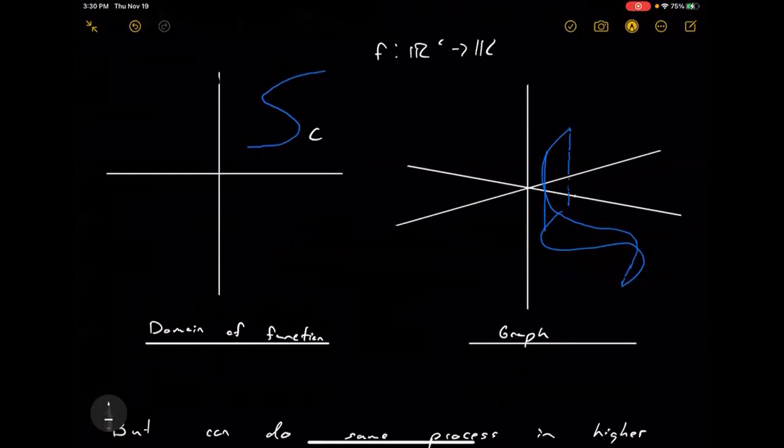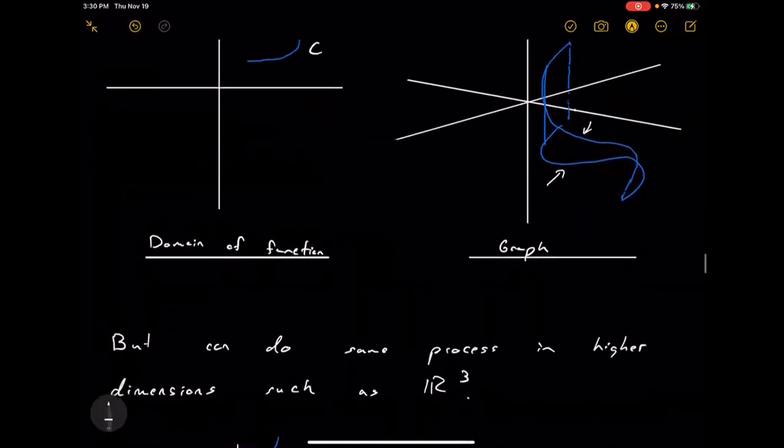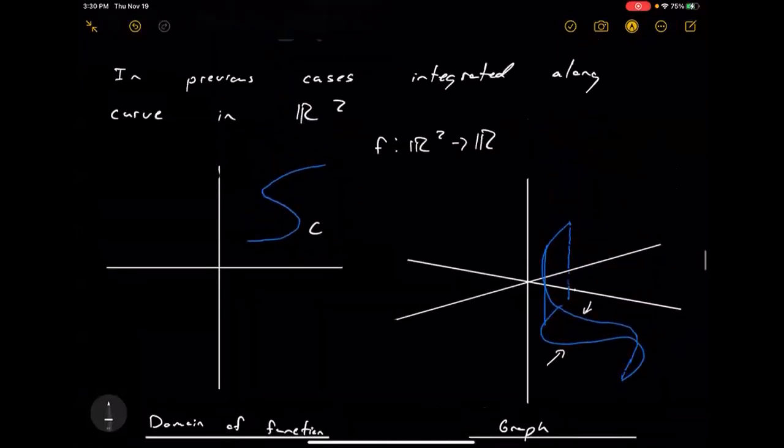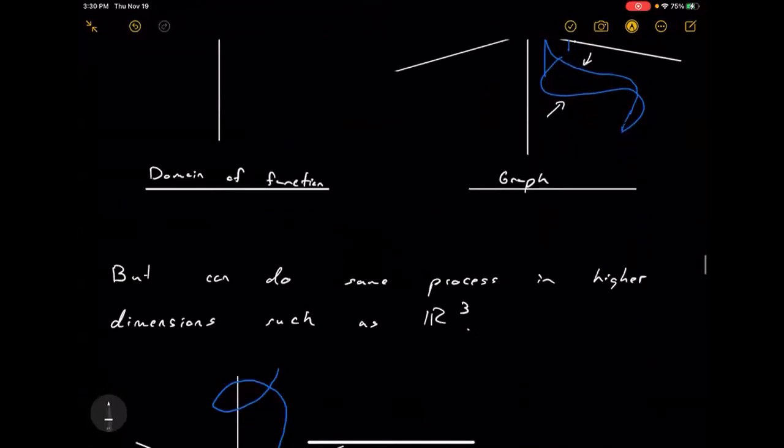And what does the graph of that function look like along that curve? If I just considered the output of that function along the curve, the graph would look like this. I have the curve in the domain, and then maybe these are the function values, and I combine those and I get this nice graph. So that's what everything looks like in this case where we have a function of 2 variables.